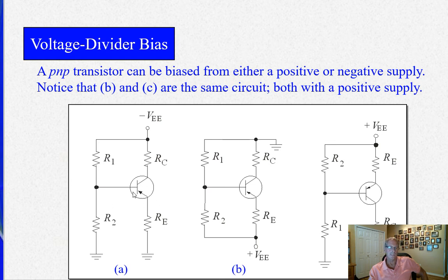So current comes out of the base, goes into the emitter, and then out of the collector, back into VEE through RC. You can also use a positive supply and supply it to the emitter circuit. Just flip everything around. It's the same basic thing, as is this. The B and C are the same thing. They're just mirrored. If you take the whole circuit, flip it on its end.